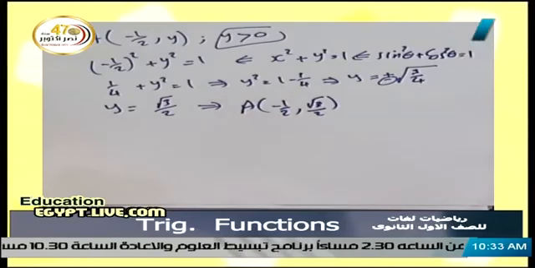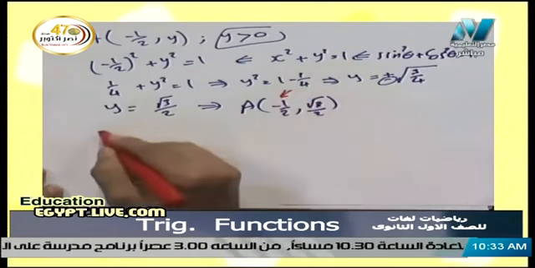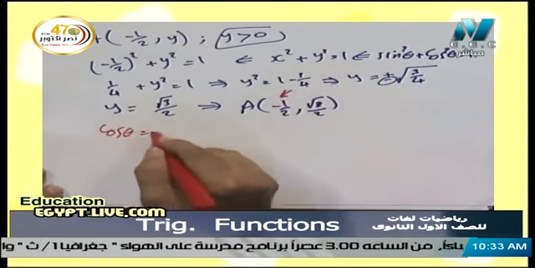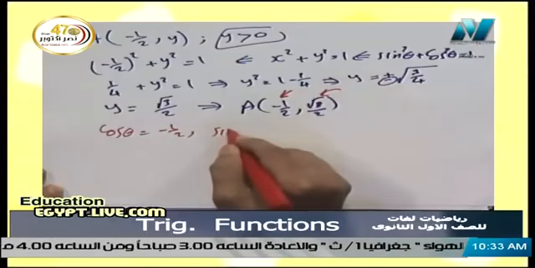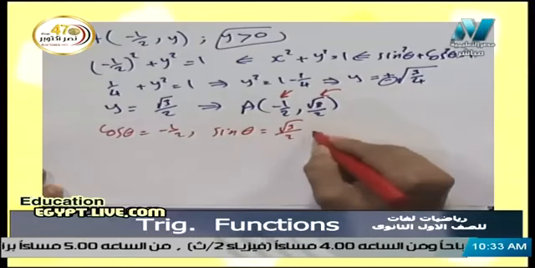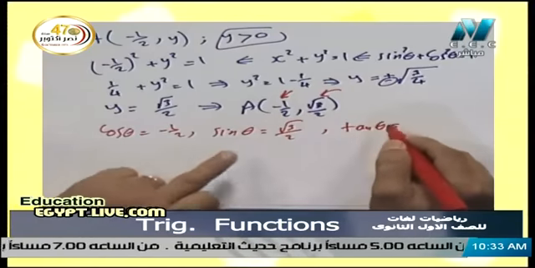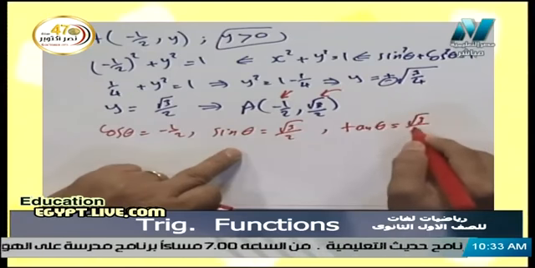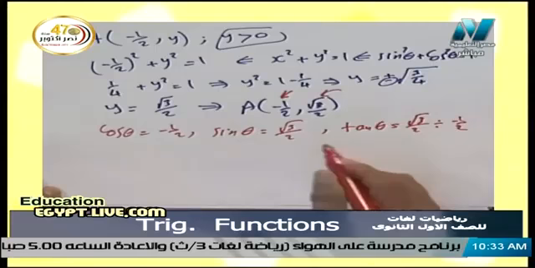We can easily find the trig functions. We know that the first coordinate is cosine theta. Cosine theta here is negative half, and sine theta equals root 3 over 2, and tan theta equals sine over cosine, so it's root 3 over 2 divided by negative half, and we have the result.